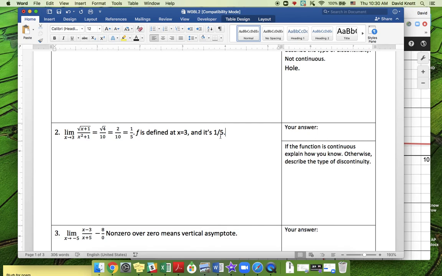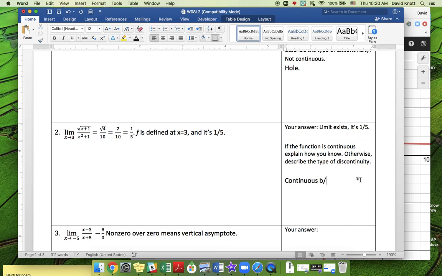The value of the function is 1/5, and the limit as x approaches 3 is 1/5, right? As we've said, if you're trying to evaluate a limit and you just plug in the number and you get something reasonable, that's the value of the limit. So as we're seeing, the original function itself is defined at 3, and the limit also exists at 3, right? So yeah, the limit exists. It's 1/5. That's also the value of the function at 3, okay? So this function is continuous.